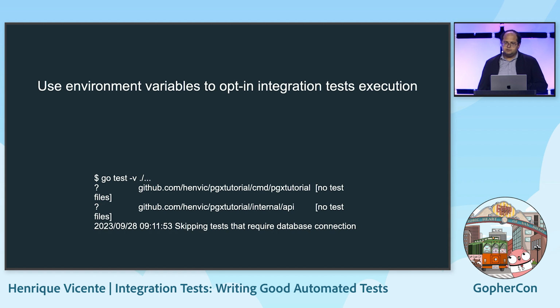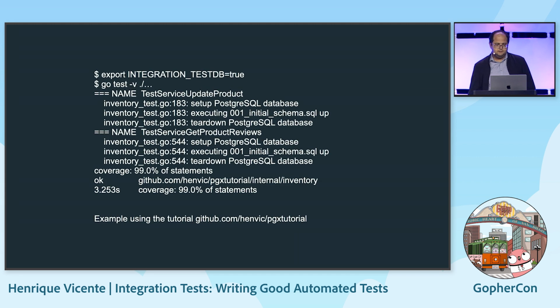If someone else tries to clone your repository and run the tests and it fails right away, this is not that good. Instead, you should try to run all other tests that don't depend on that requirement and maybe print a hint that, hey, we also have integration tests.